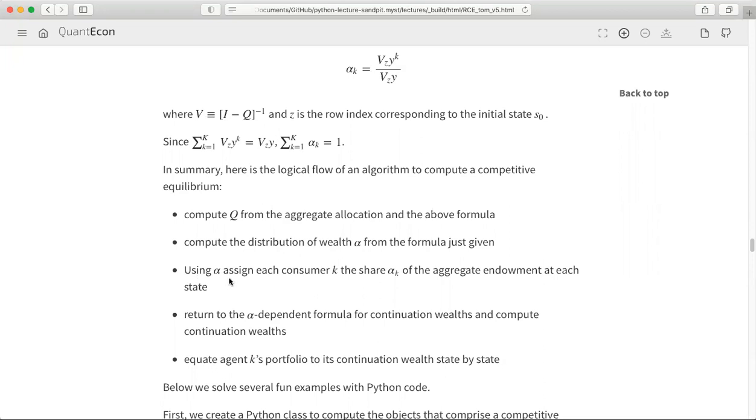Then once we know the alpha assigned to each consumer, in every state we're going to assign alpha k of the aggregate endowment to that consumer for consumption. Then once we know those consumptions, we can go back and compute continuation wealth. And then once we know continuation wealth, we know individuals' portfolios. So that's the way the logic goes.